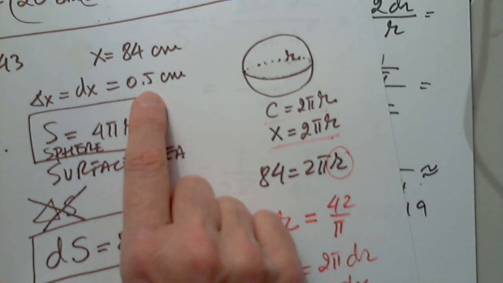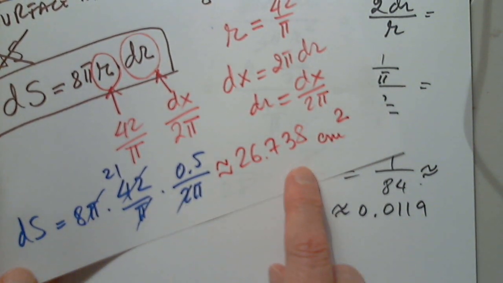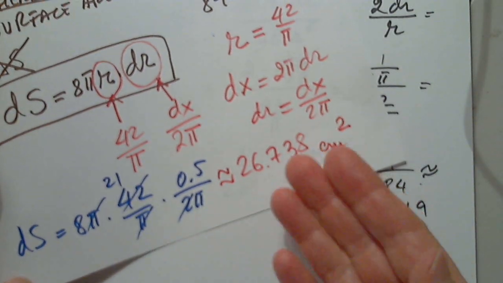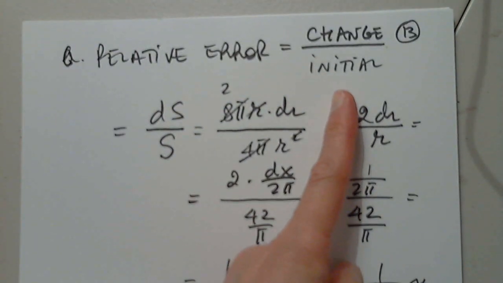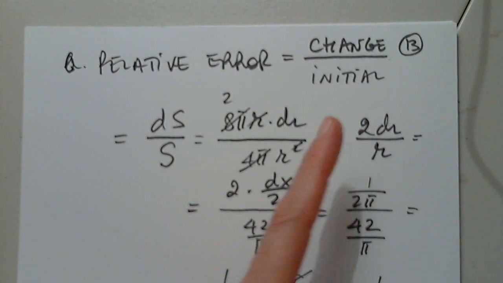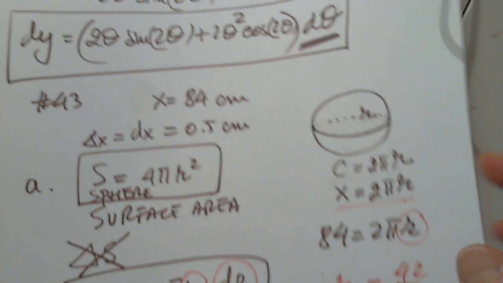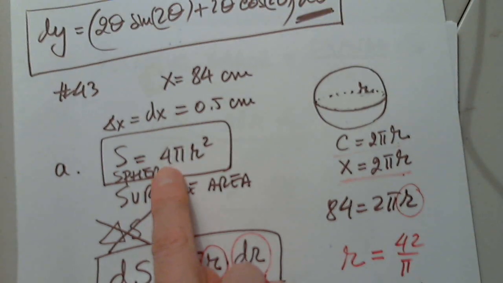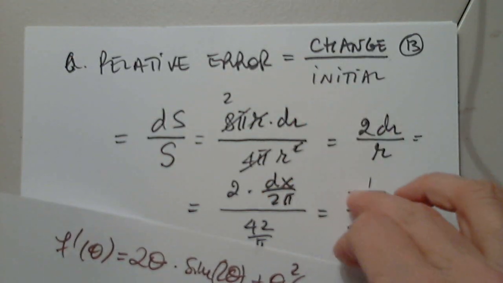So this error in the circumference triggers this error in the surface area. What does this represent based on the correct value, the initial value? So it's the change over s. So we put the change from here over the s from here, and we simplified as much as we could.